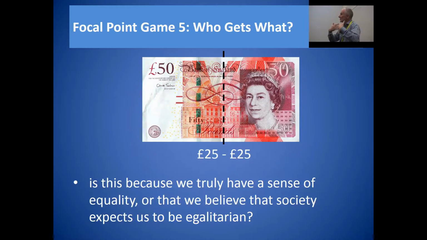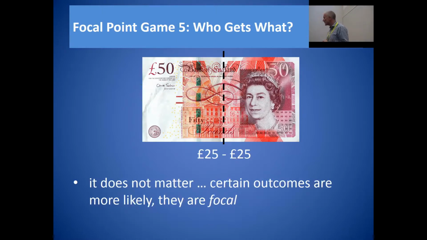So is it a case that she's truly interested in this idea of equality, or maybe she wants society to think that she's interested in equality, in egalitarianism? I'm sure it's the former, that she genuinely is a generous person, but the whole point is it does not really matter. Whatever the reason, we gravitate towards certain outcomes.